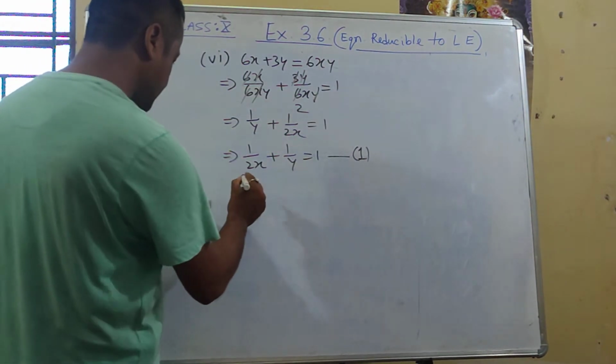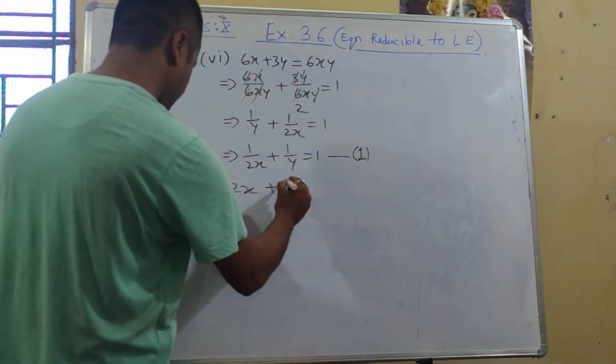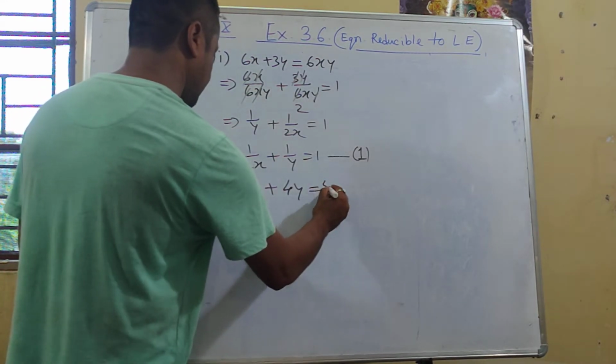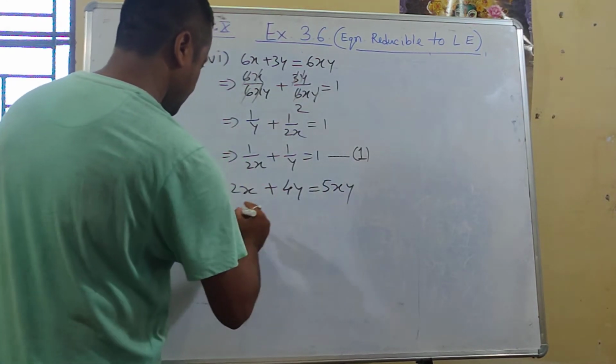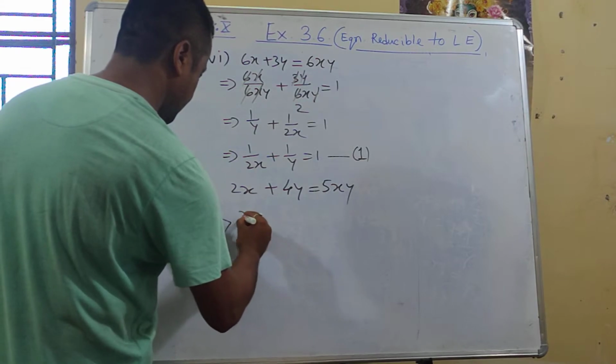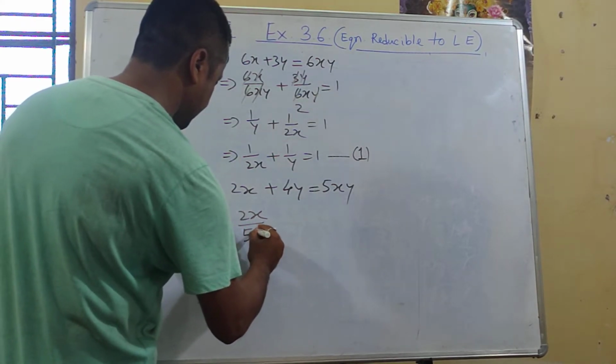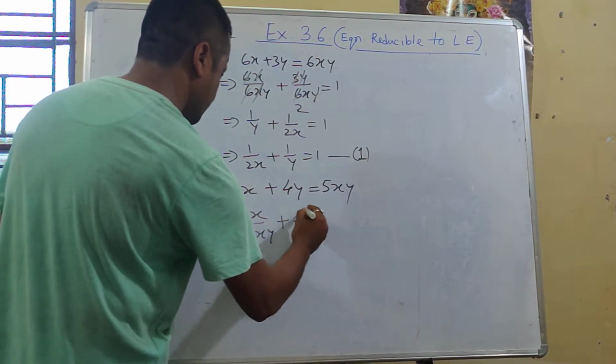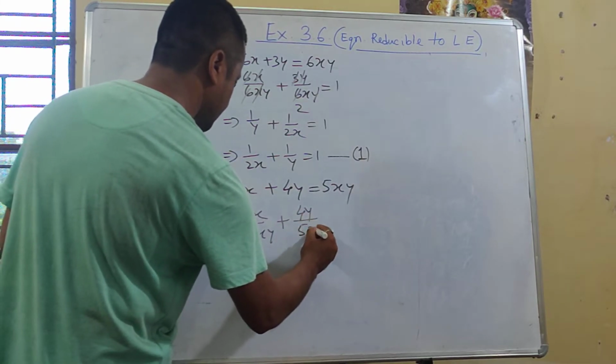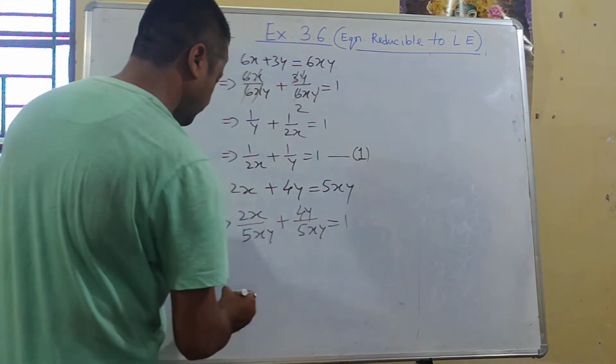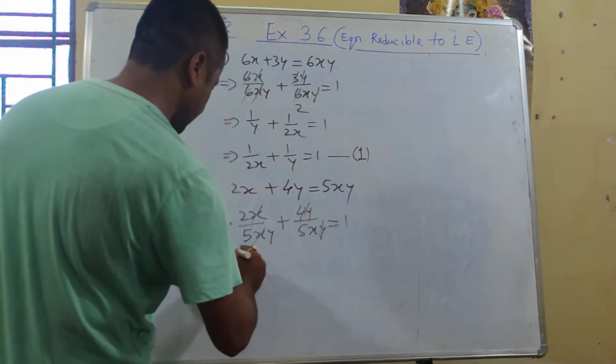And second equation is 2x plus 4y is equal to 5xy. So divide both sides by 5xy. 2x divided by 5xy plus 4y divided by 5xy is equal to 1. x cancels, y cancels.